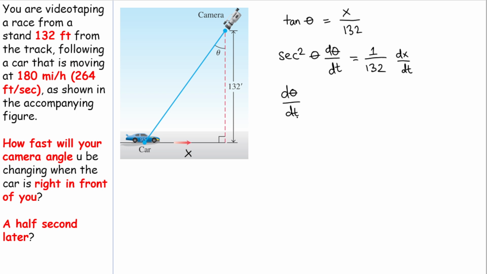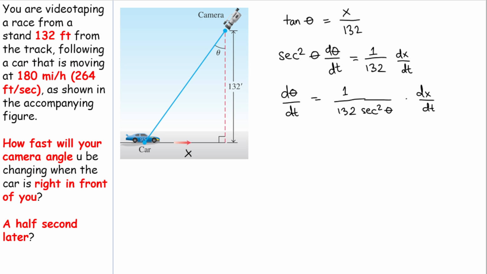Why? Because the question is asking us for how fast your camera angle is changing, which is d theta dt. And then we will have 1 over 132, multiplied by secant squared of theta, and then multiplied by dx dt.